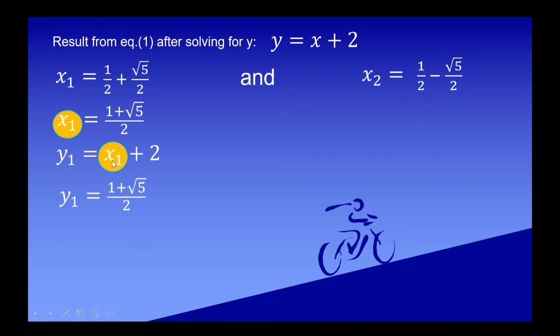Then the result from equation 1 after solving for y is y equal to x plus 2. Then substitute the numerical value of x sub 1 into this equation, the result of equation number 1. So y sub 1 is equal to x sub 1 plus 2, where x sub 1 is 1 plus square root of 5 over 2. Then add 2 and simplify.